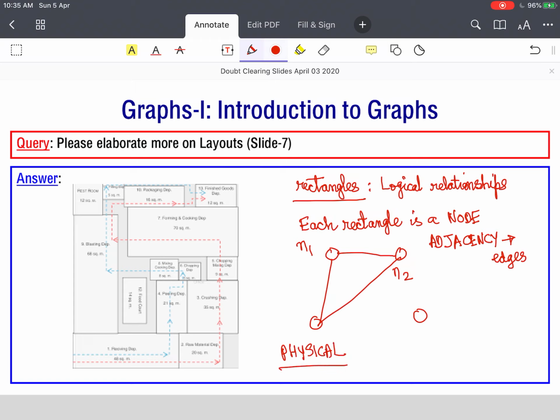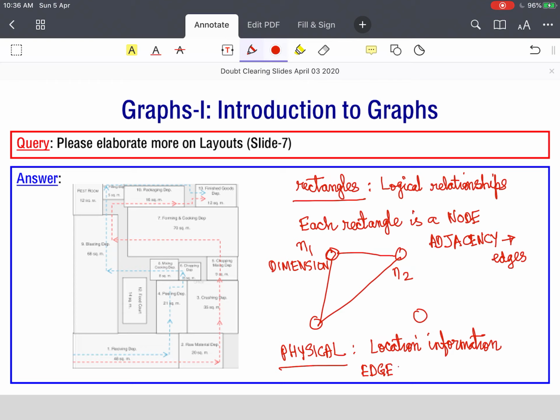The other question we may have is a physical relationship. In the logical relationship, all we will have at a node is the dimension of the rectangle. Whereas in the physical relationship, we will also have the location information, that means not only the dimension, but the center coordinates.